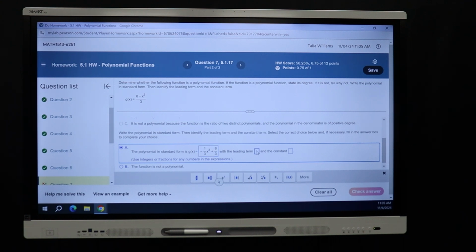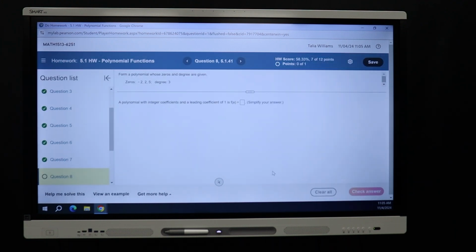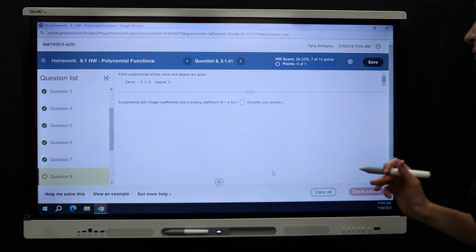And then my leading term right here, which it said was okay, negative 1/3 x cubed and 8/3. Okay, so when you do this one, be sure that you put your 1 with your x, so make your fraction separate from it. That's new. They usually don't like us to do that.